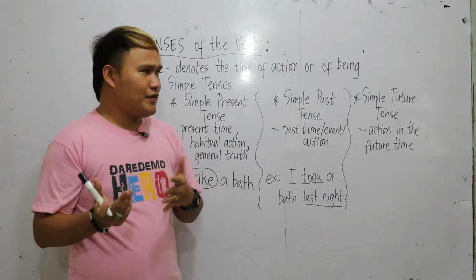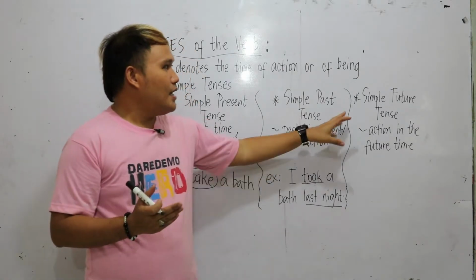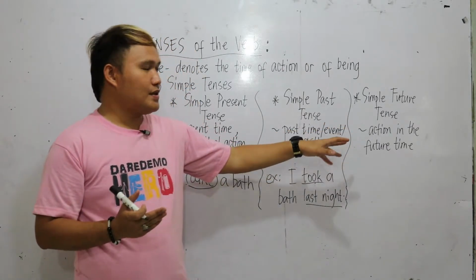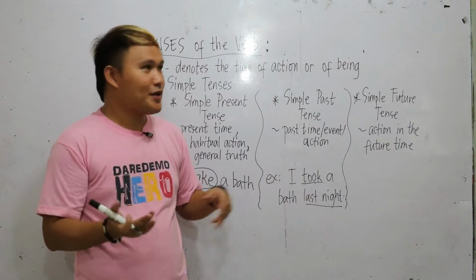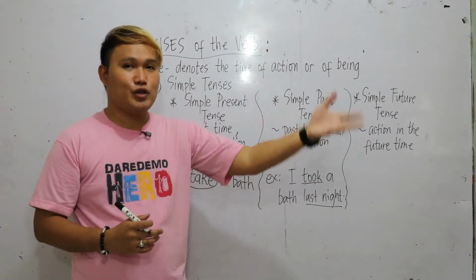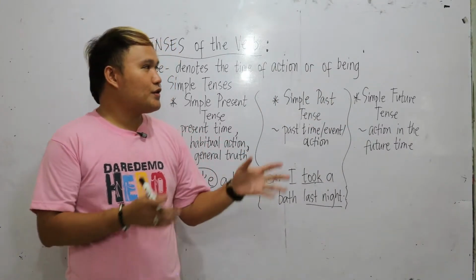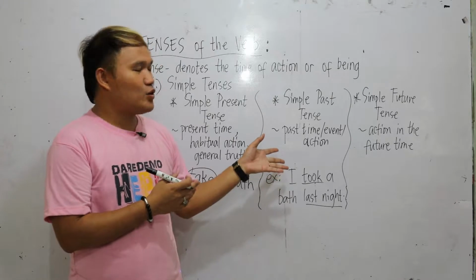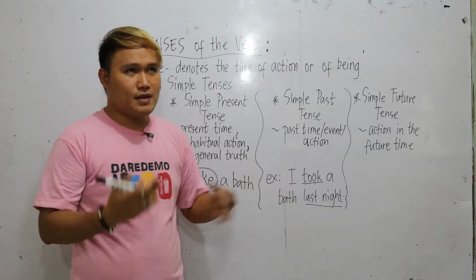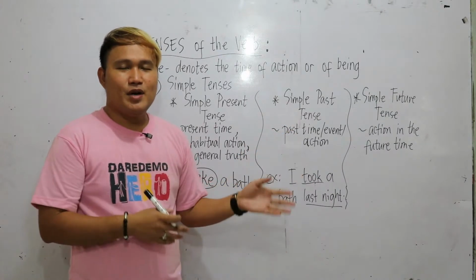Actually, this is just a review, so I know you can easily get the gist. For the simple future tense, it refers to an action in the future time, that's going to happen, or that will happen in the future. Of course, for simple past, we use time expressions like yesterday, last night, last Monday, last week.